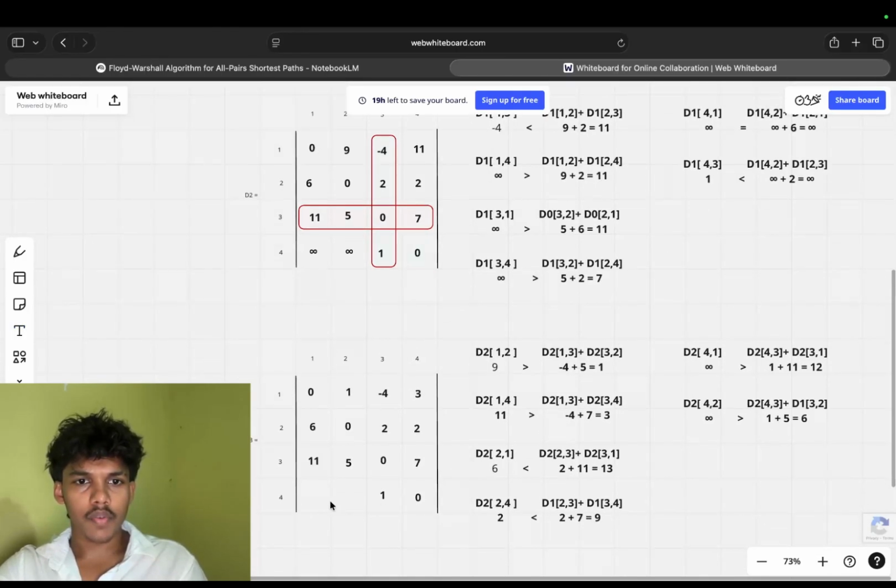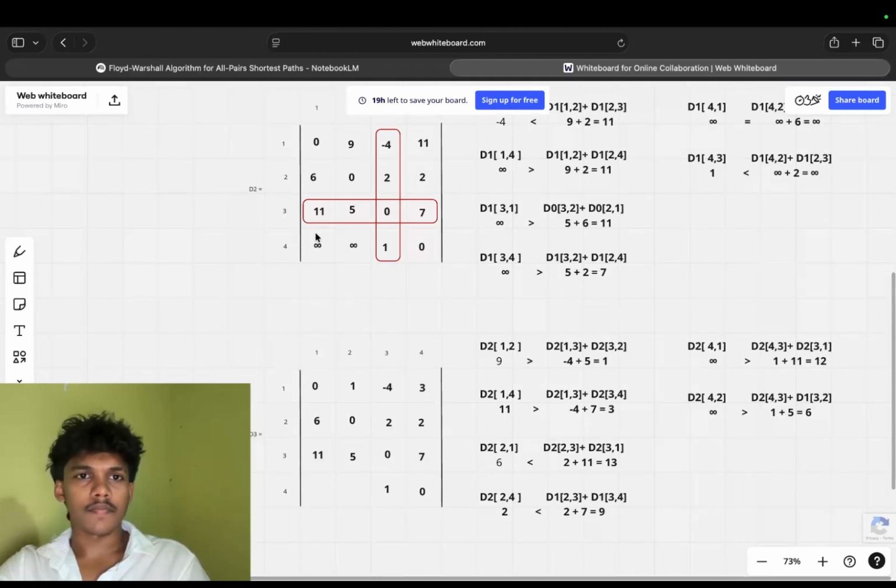Okay. Now we have to find 4 to 1. 4 to 1 is infinity. Our middle element path is 4 to 3, then 3 to 1. 4 to 3 we have 1. 3 to 1 we have 11. So it's 12. 12 is less than infinity, so we will add 12.